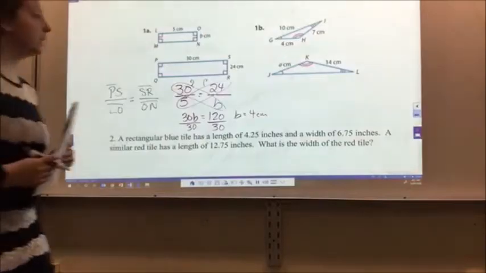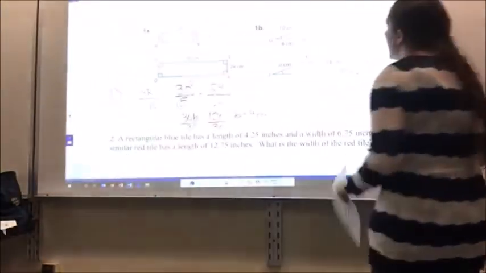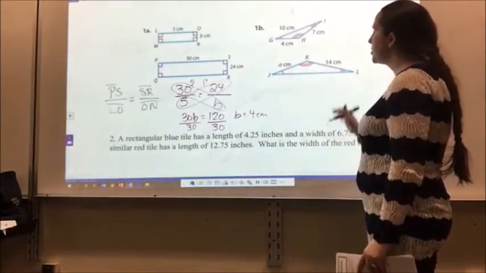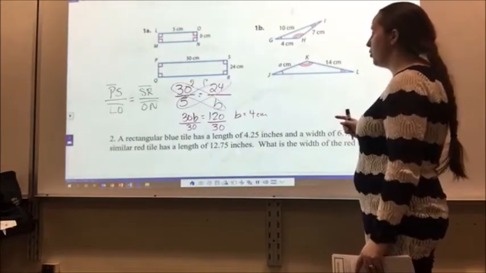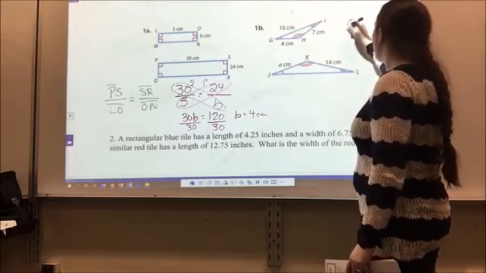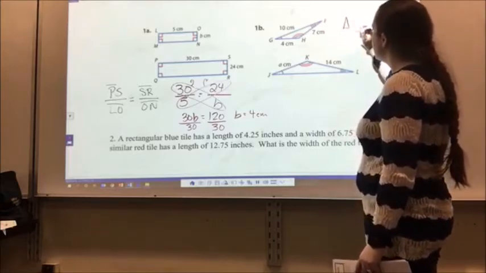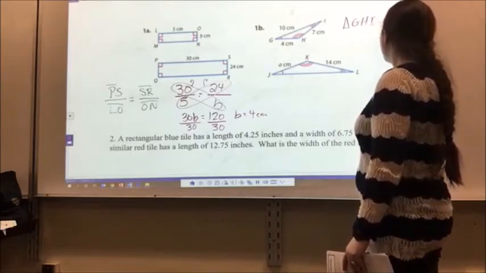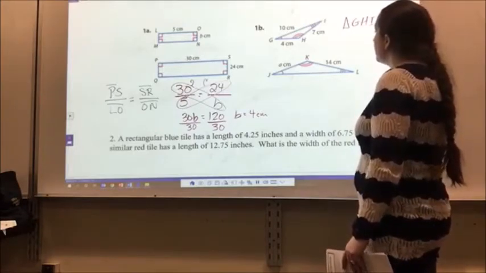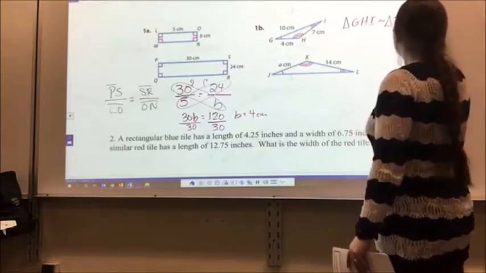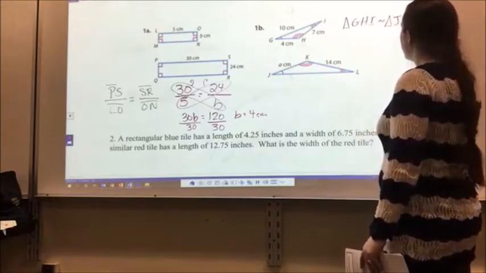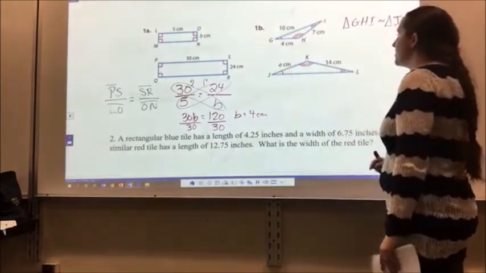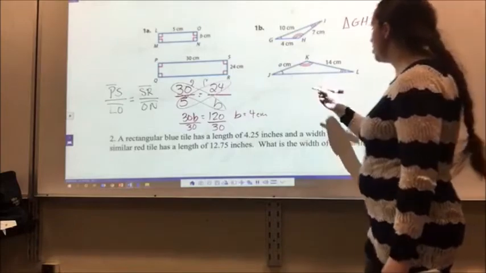Okay. For letter 1B, I need to find A, JK. So I need to figure out which angles correspond to which. So this one, triangle GHI is similar to triangle JKL. So that means I need to find JK.